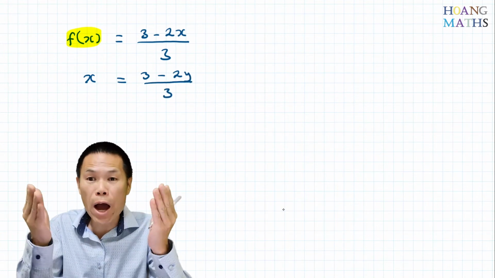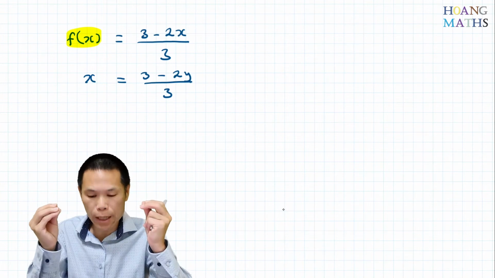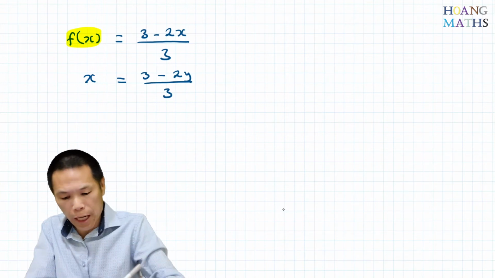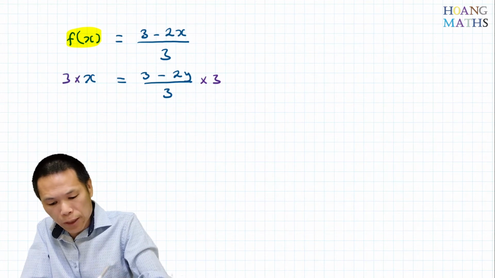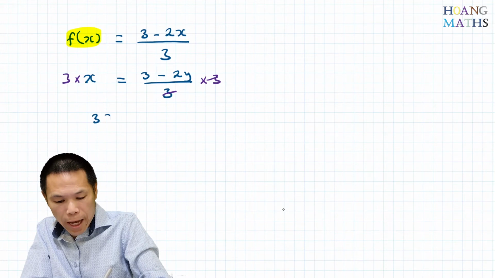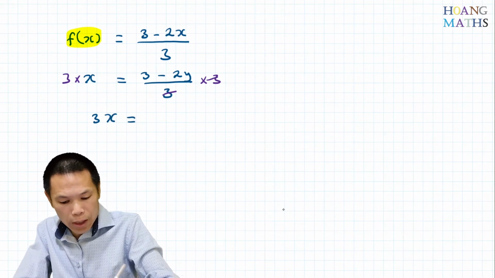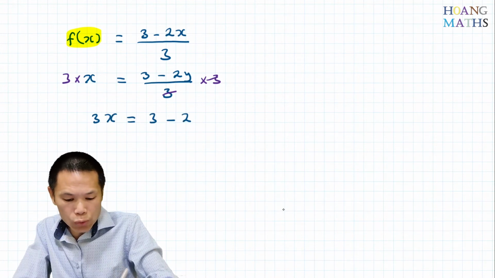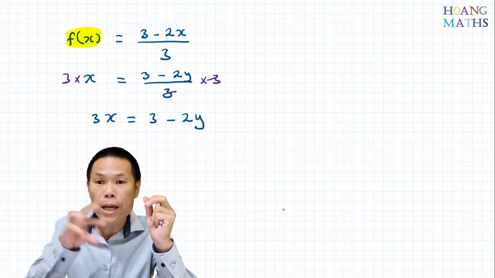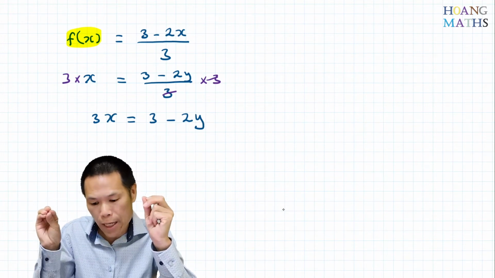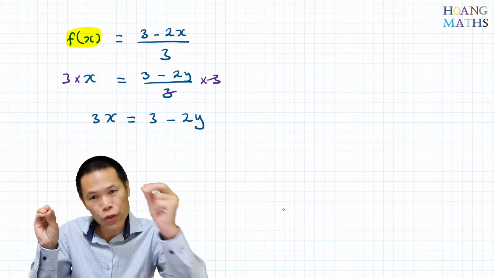Now we need to make y the subject. Now to do this, I just times 3 on both sides. So I times this by 3, I times this by 3. So this cancels out. So that will give me 3x is equal to 3 minus 2y. So what I do now is because I have negative 2y, I move the negative 2y on that side and then the 3x on the other side.